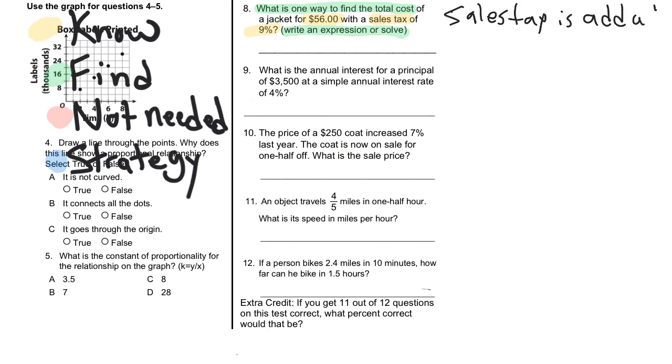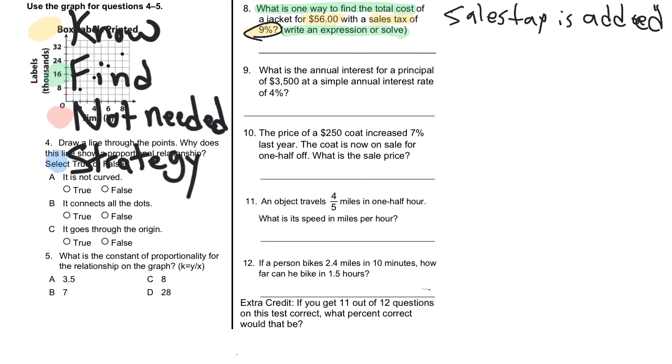It's always added at the end there. Okay? That looks horribly badly written. But so we know we're going to add something. We know what the sales tax is. That's 9%. So our strategy is we're going to be adding 9%.